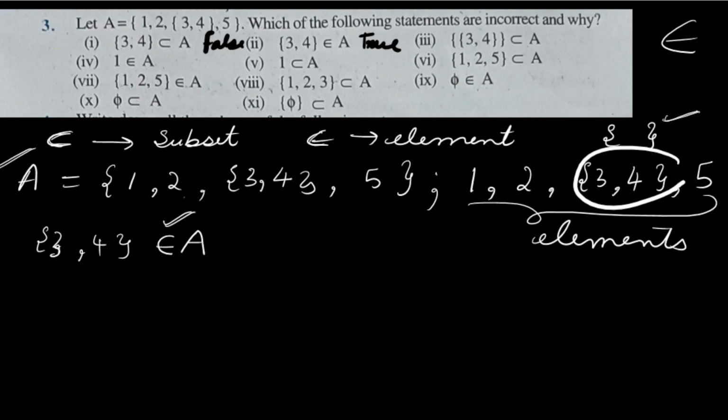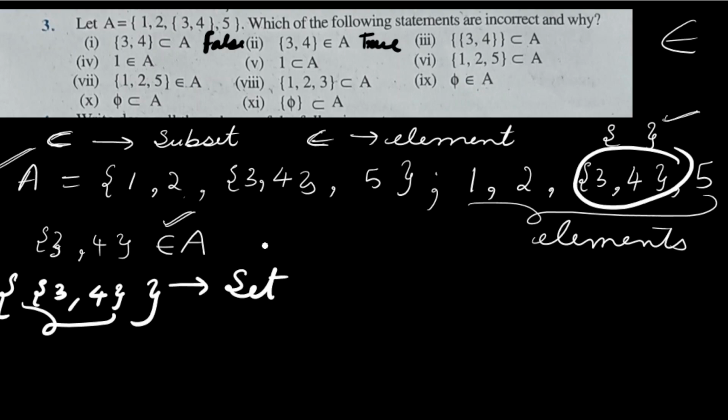Now {3, 4} is an element of set A. So when I write this {3, 4} inside the curly braces, this is an element. Again we have written it inside the curly braces, then it has become a set now. So for a set we can use the subset symbol, and yes we know it's a subset of set A because it is present in set A, which means this is true or correct.